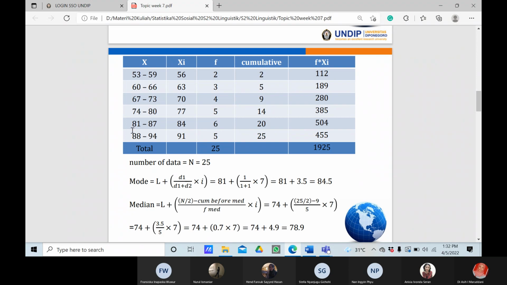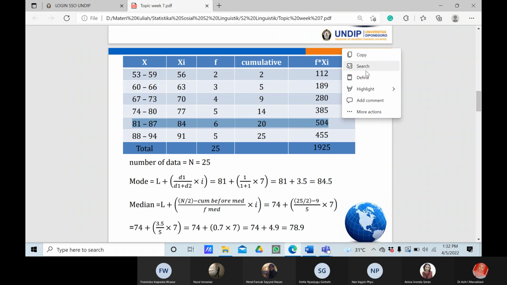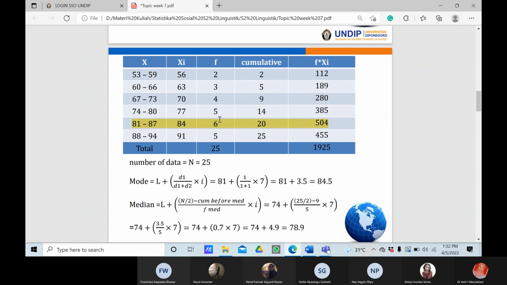Then the class mode will be here. I will highlight it with the yellow one. Because the highest frequency is 6, the class mode will be at this row, the yellow one. Then the lower limit of the class of the mode will be 81.